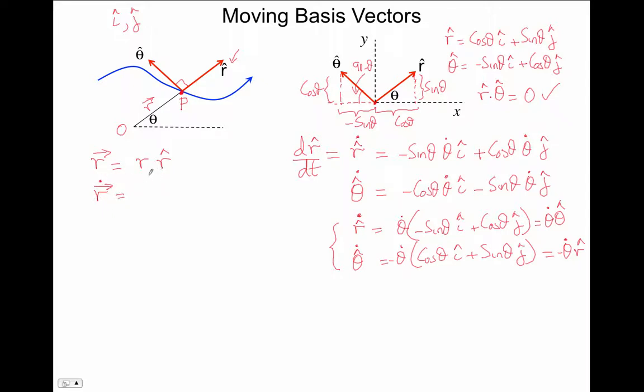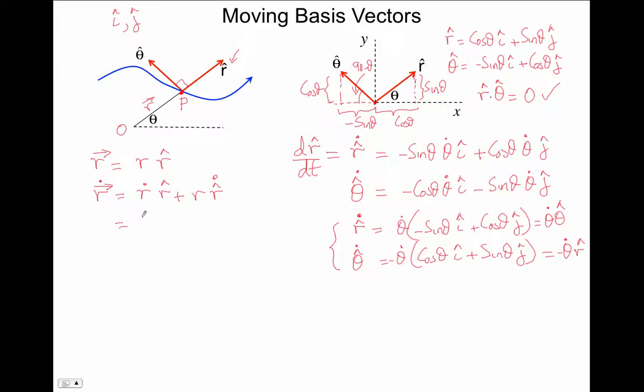So r dot, we have to differentiate this. That'll be r dot into r hat. And then we need to differentiate the unit vector with respect to time. So that's r hat dot. And now r hat dot we already have. That's theta dot theta hat.